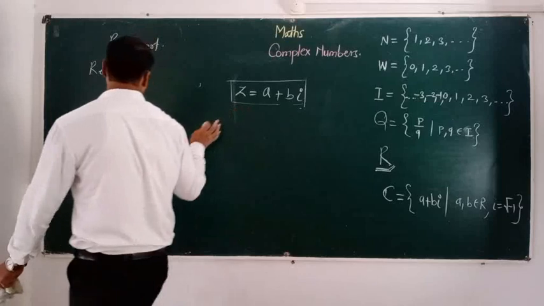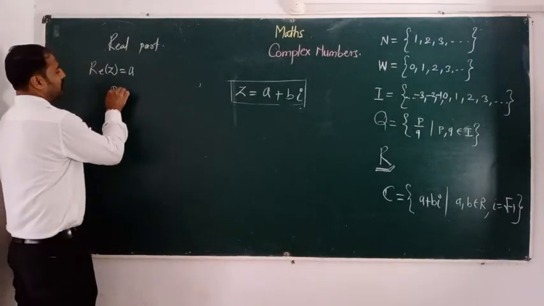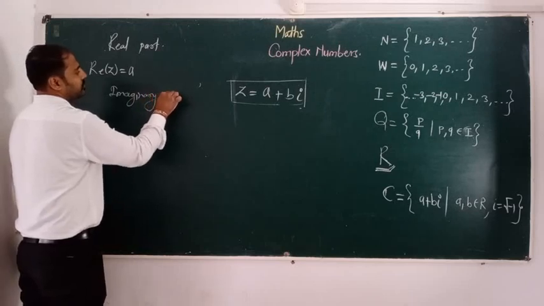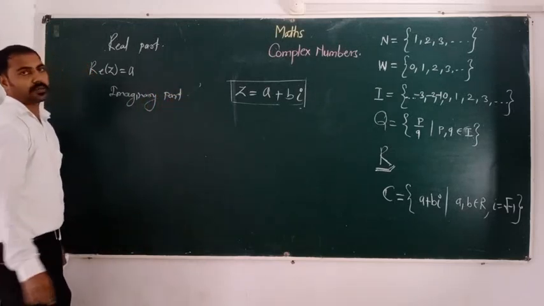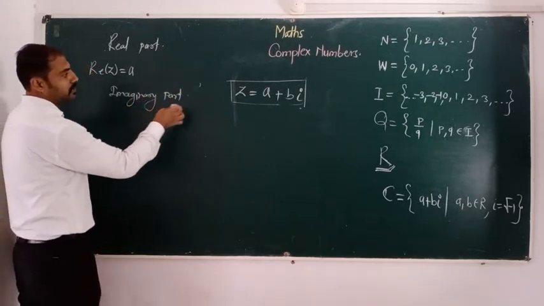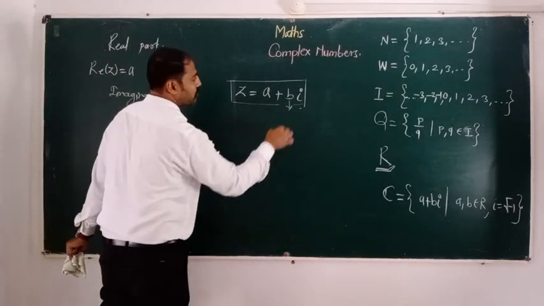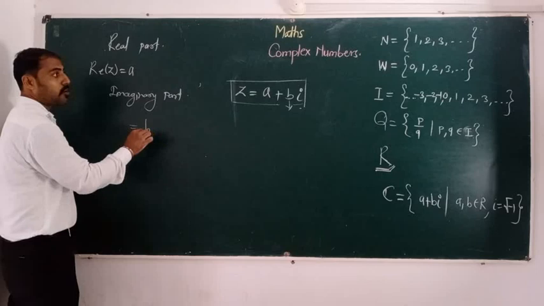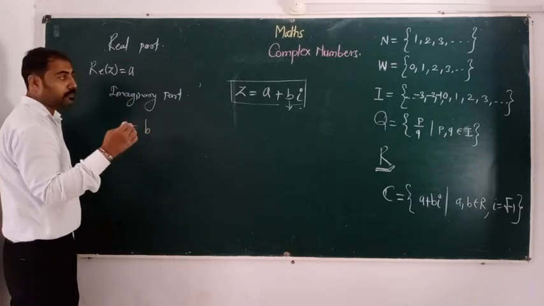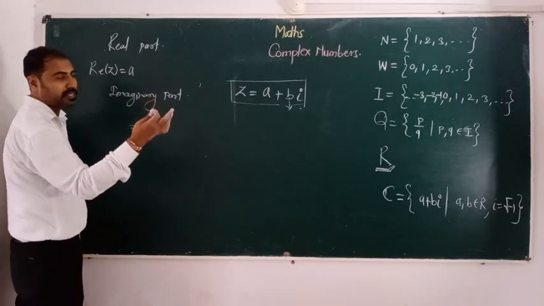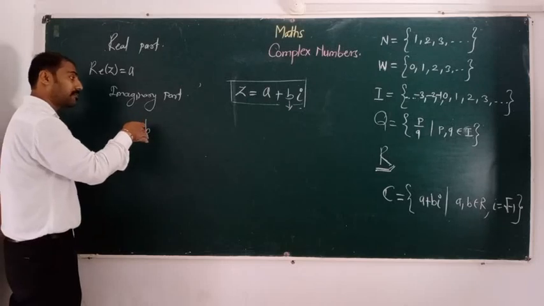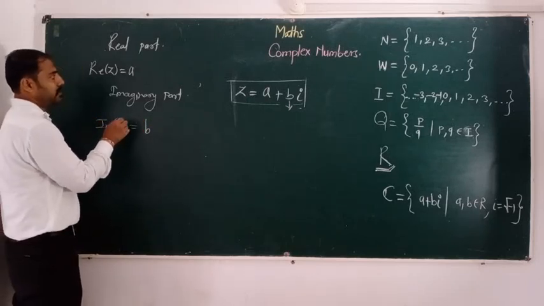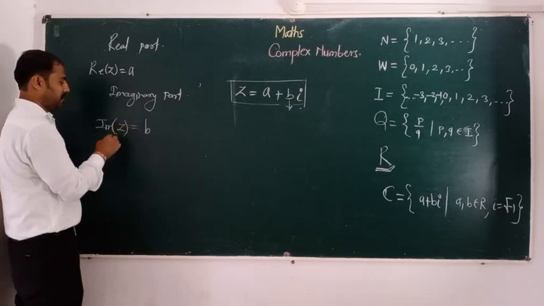And in this complex number, the imaginary part: the coefficient of i is b. That b, not bi, is called the imaginary part of z.